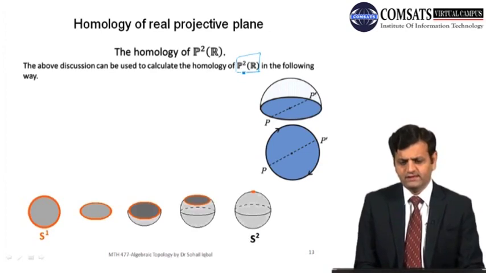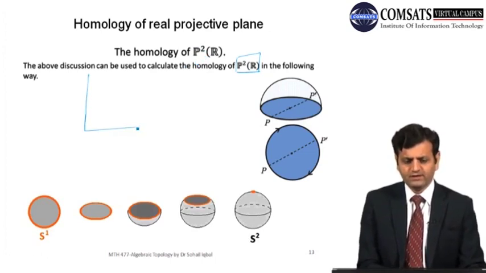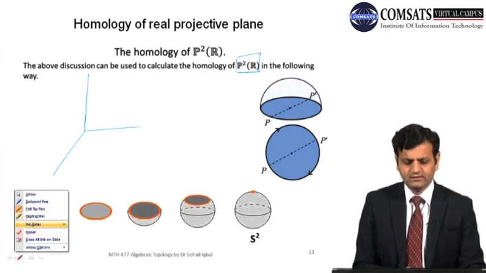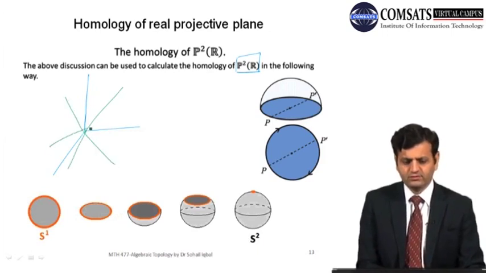So we have already seen that a real projective plane is basically the space of all lines in three-dimensional space. Observe that we are talking about the projective plane and we are taking lines inside three-dimensional space. So if this is three-dimensional space, I need a space which represents the set of all lines passing through the origin.